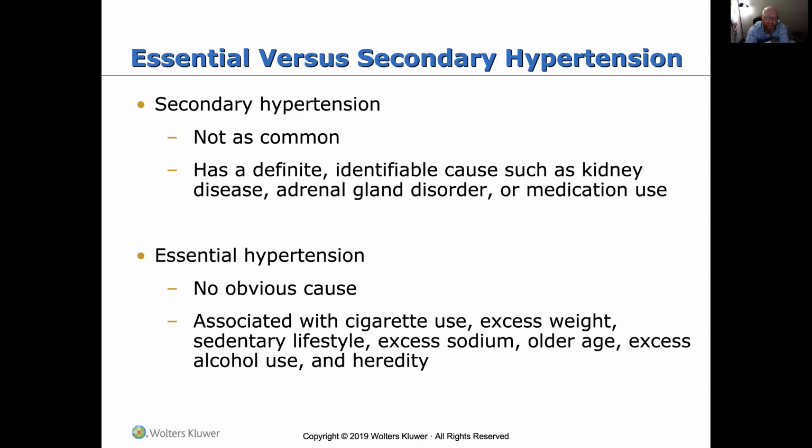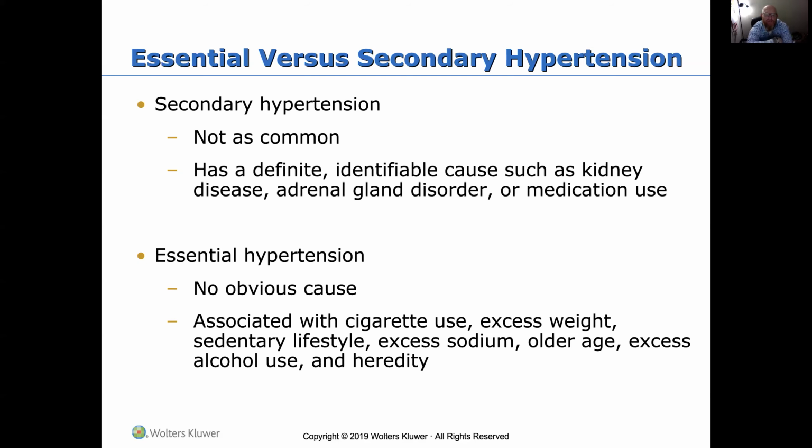Essential hypertension is there's no real obvious cause, although this next sentence it's almost silly to me. It's associated with cigarette use, excess weight, sedentary lifestyle, excess sodium, older age, excess alcohol use, and heredity, which all of those things to me would be obvious causes of hypertension. But we're talking about there's not kidney disease, something wrong with your adrenal gland, or a medication that's driving it up.